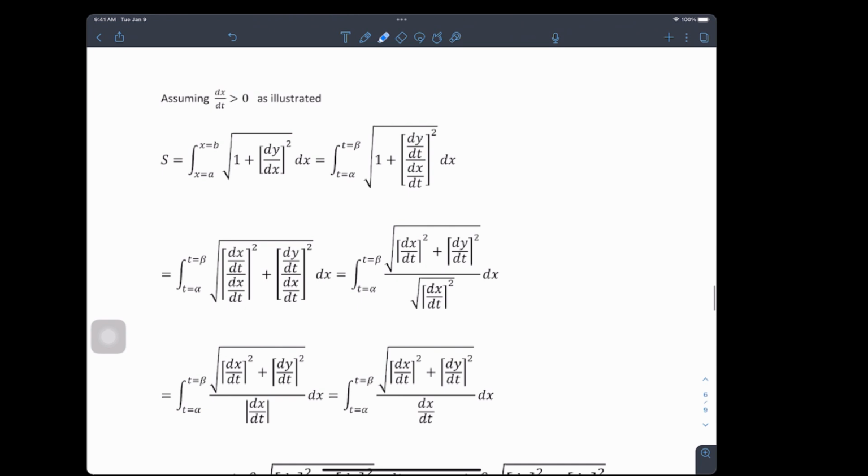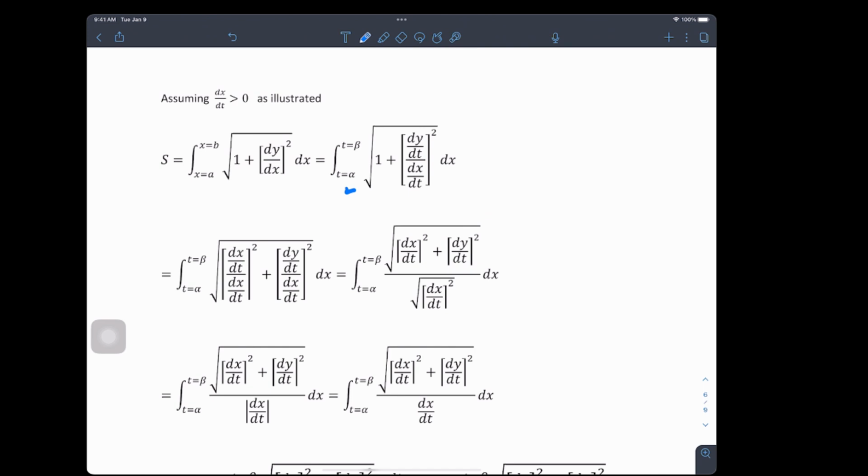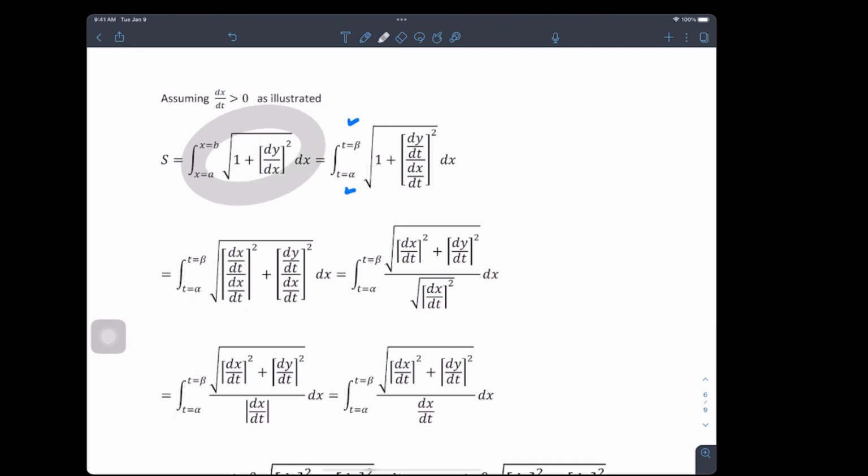So you're assuming that dx dt is positive as illustrated. And then we could just switch our parameters now, where your alpha to beta. Okay. But then the real question is, what happens here? What happens with what we're going to integrate? But the real issue, in all honesty, is what happens right here.